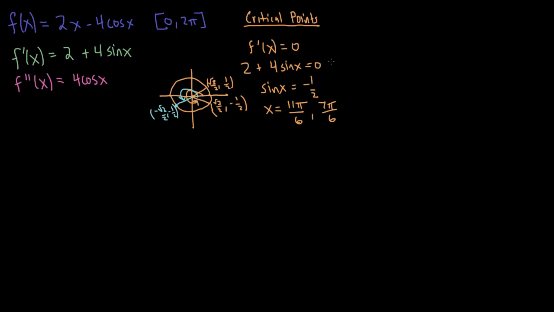Okay, so now to build out our chart, we are going to use these and divide up our domain. So our domain here is not all real numbers, it's 0 to 2 pi. So we need to divide up the interval 0 to 2 pi according to 7 pi over 6 and 11 pi over 6. So we have 3 test intervals to work with.